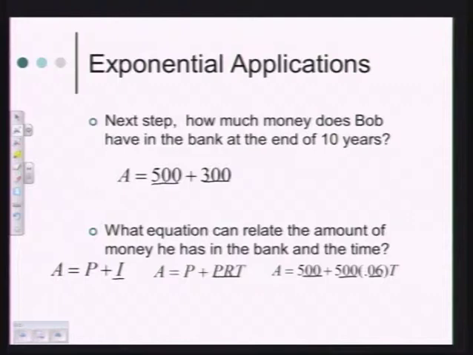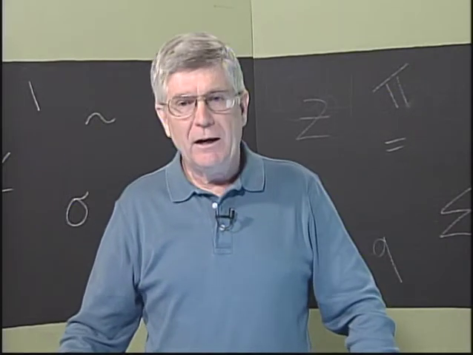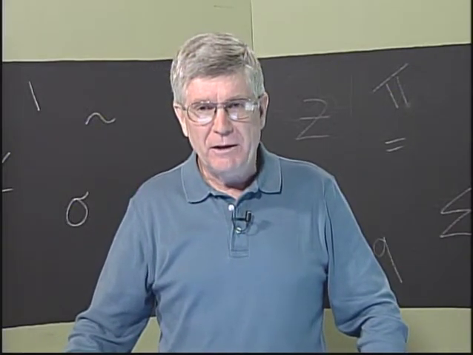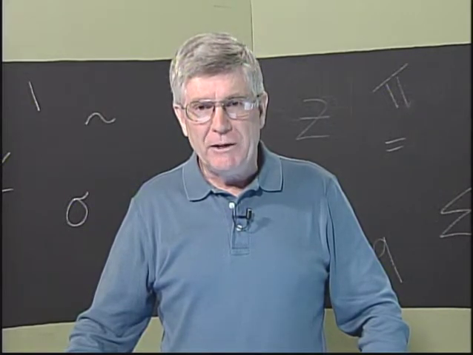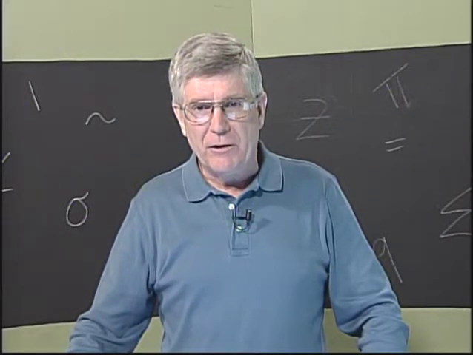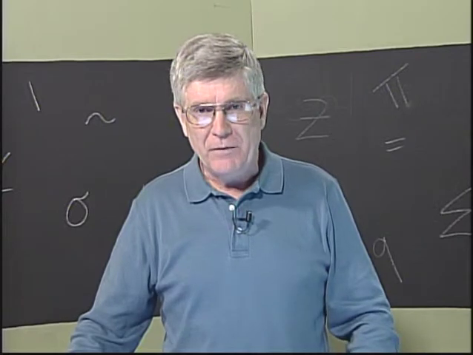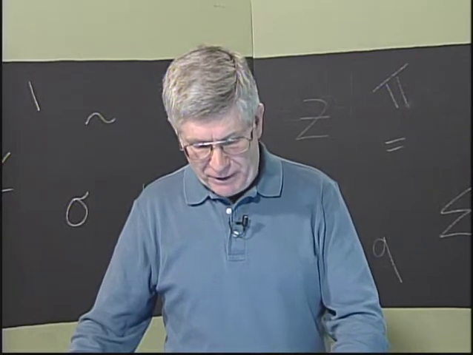And in this case, if we simplify, since 500 times 0.06 is 30, we will get A equals 500 plus 30T. So if Bob uses simple interest to gain on his investment, the amount will be his $500 plus 30 times however many years that he leaves the money in the bank.